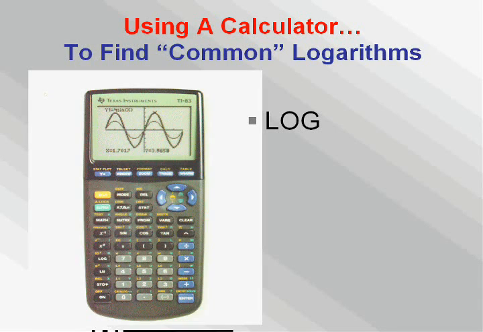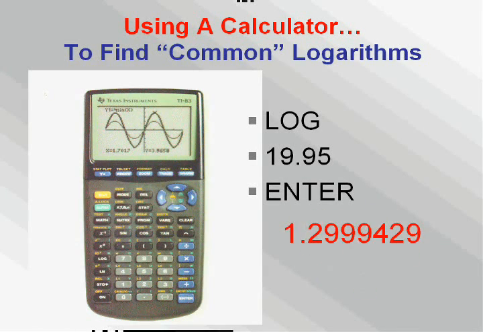So if you type log 19.95, we just did a problem like that, and hit enter, what should we get? Well, we should have gotten 1.3, but we get 1.2999429 approximately, because that's the way your calculator works. It always approximates, remember. So that's the button you're going to use to find common logs.